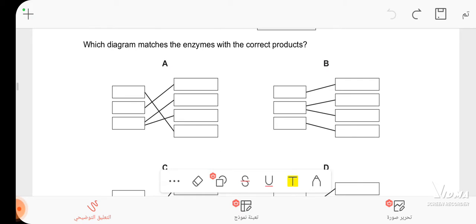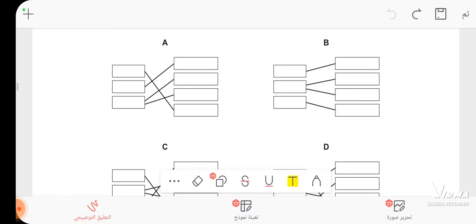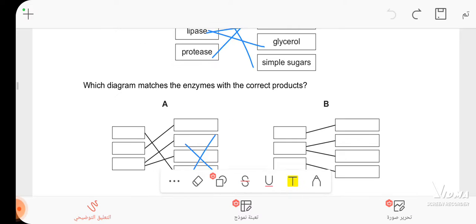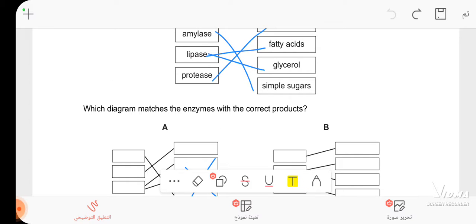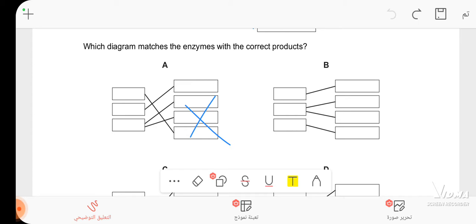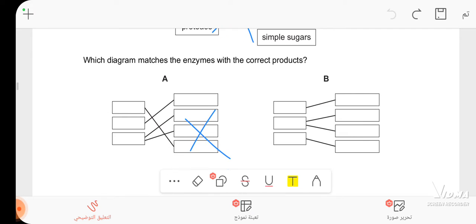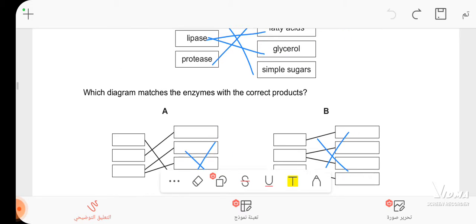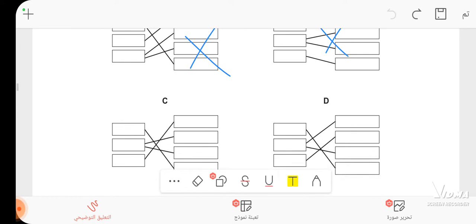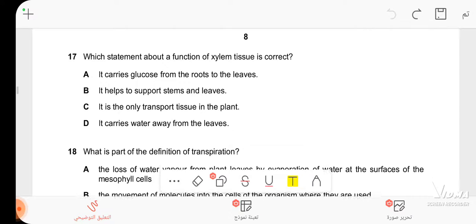I think this is not matching. We have two errors from lipase, and the errors from protease are wrong. I think this is close to this. So the answer here is C. Let's match it, completely matching.